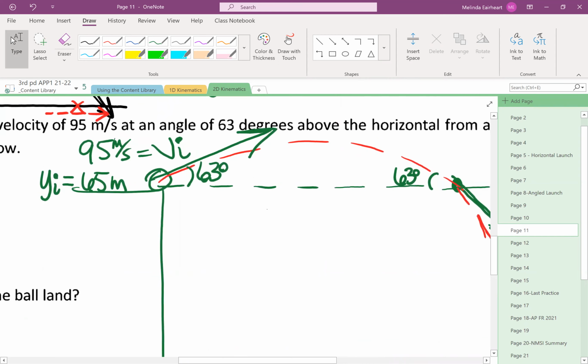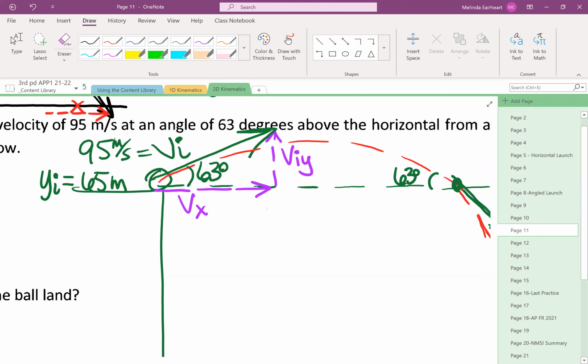I highly recommend at the beginning, the first thing you do with angled launches, whether it's ground to ground or not, is find your components. And so Vix and Viy. Now, last class, we used SOHCAHTOA to find these, and double check your calculator. It should be in what mode?